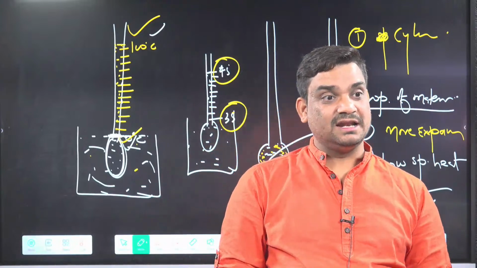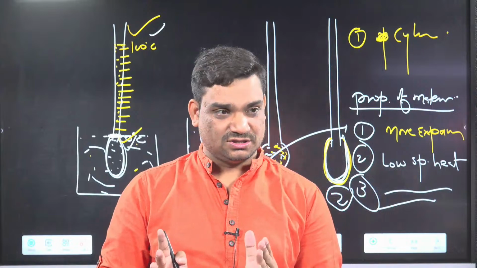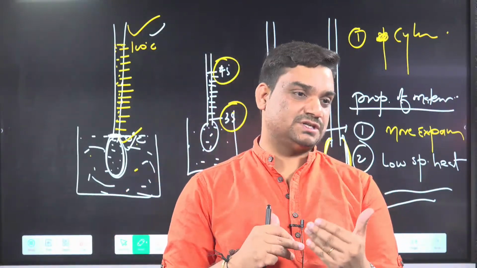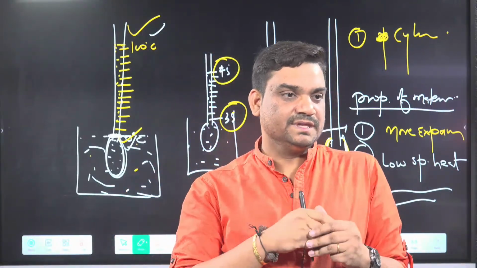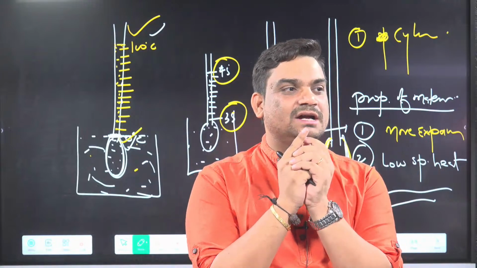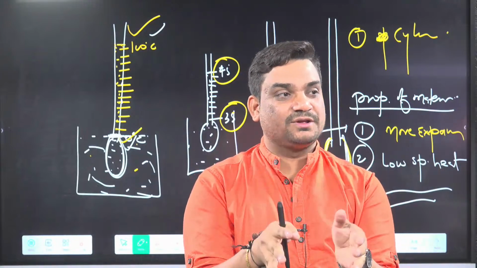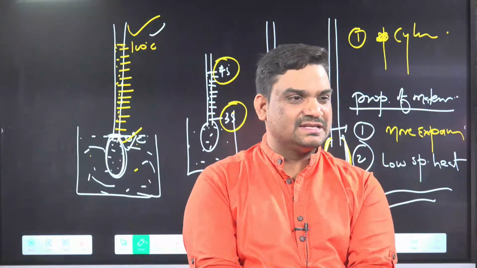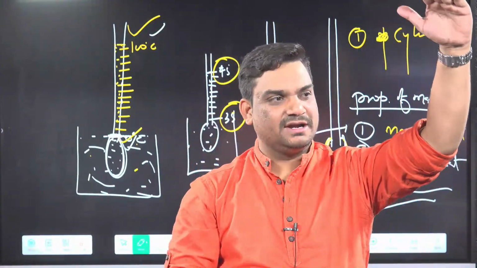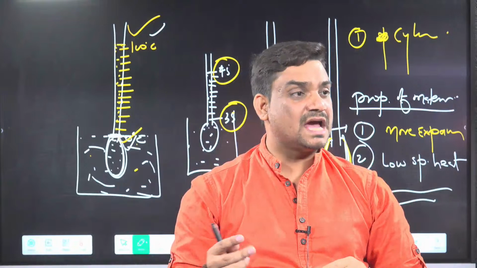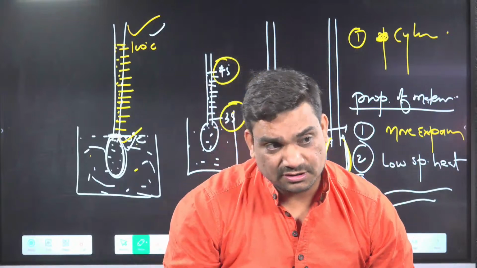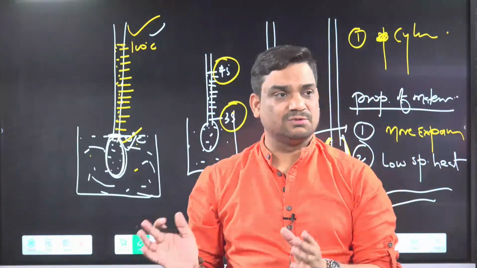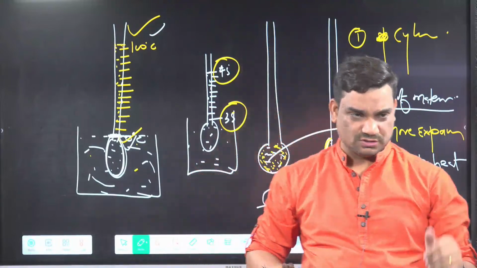I will also tell you about thermometers based on gases, because they have more expansion. It will be somewhat of a challenge to make, because if I give you mercury, you can easily make a tube with mercury and it is ready. For gases it is a little more challenging, but thermometers based on gases exist too. Those are known as gas thermometers, and we'll see those also.